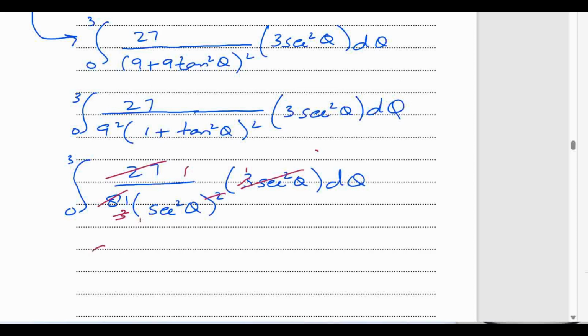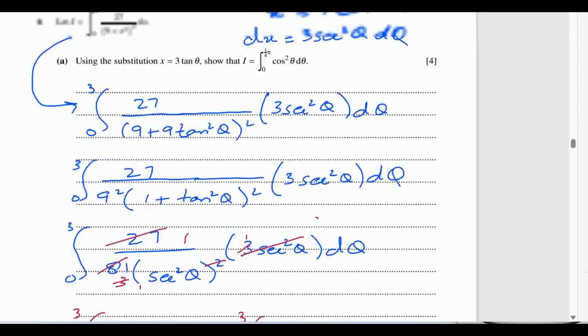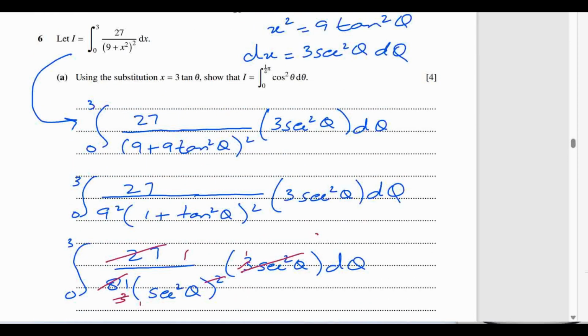So this will become the integral from 0 to 3 of 1 by secant square theta d theta, and this will be equal to the integral of cos square theta d theta. That is it. So this should be equal to cos square theta d theta.